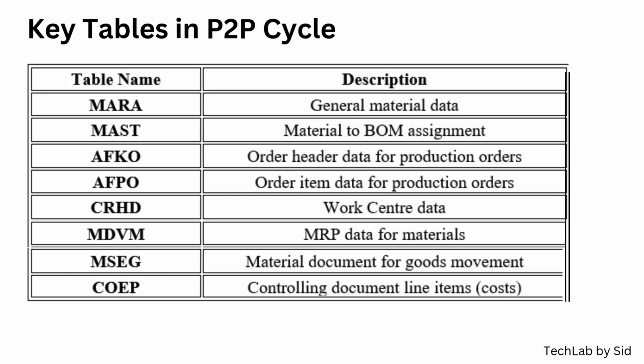These tables store essential data related to materials, production orders, BOMs, work centers, and costs. Understanding these tables is useful when you need to troubleshoot issues or analyze specific parts of the production process. Please pause and go through the table names and descriptions if required.